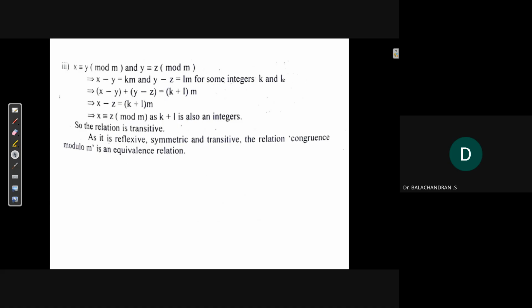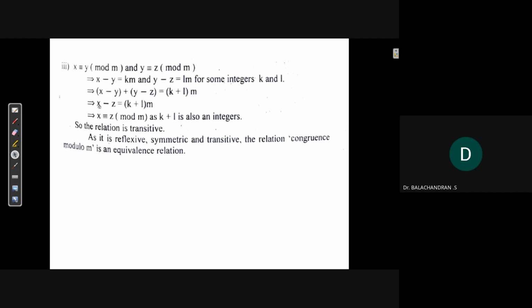Now I am adding the left hand side and also adding the right hand side. So x minus y plus y minus z equals, adding the right hand side where m is common, k plus L into m. So y gets cancelled, and x minus z equals k plus L into m. We know that k and L are integers, and hence k plus L is also an integer.